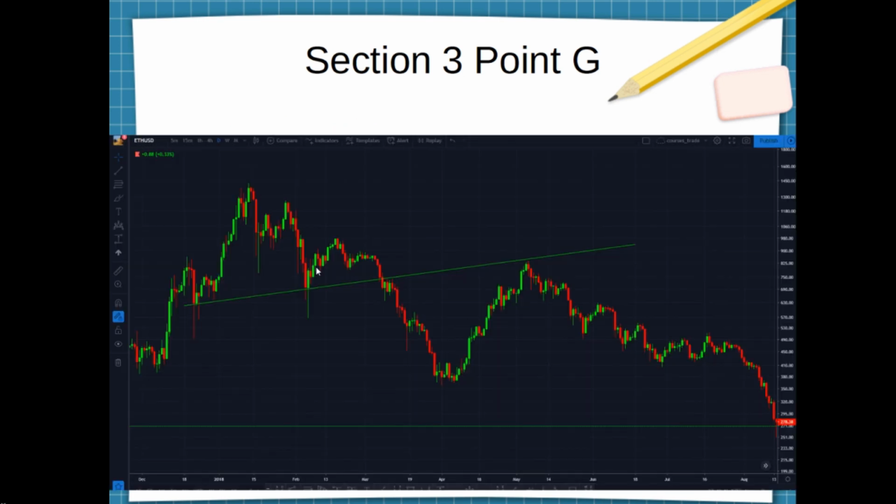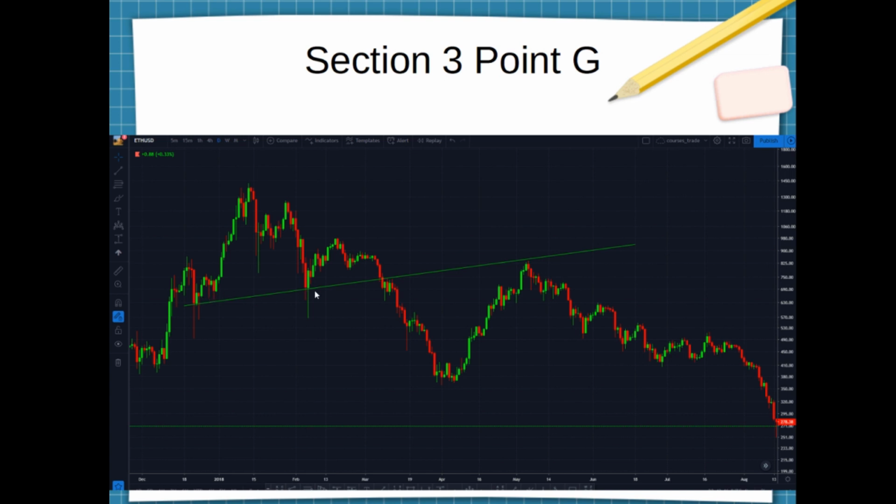Now I think I already talked about that. That's another example. If we take those two touches, it's okay, still not perfect because you need at least three touches or approaches to consider a trend line as being perfect.